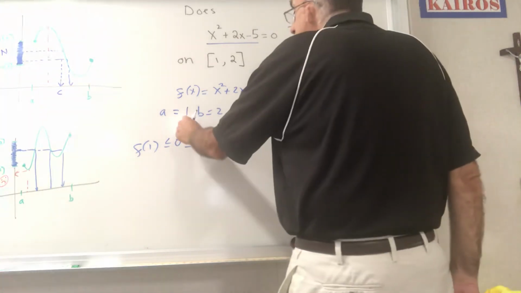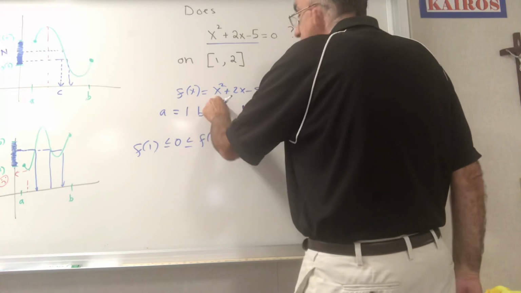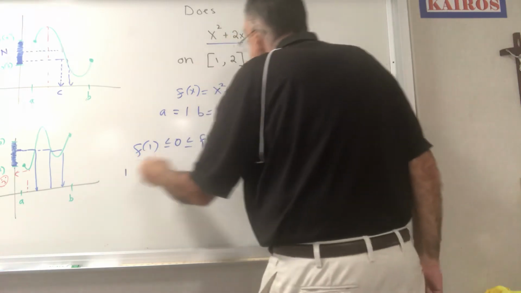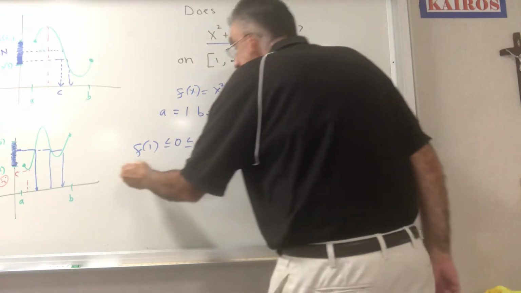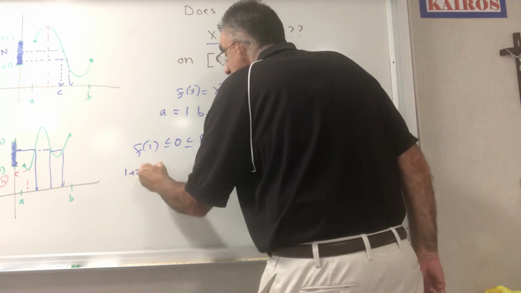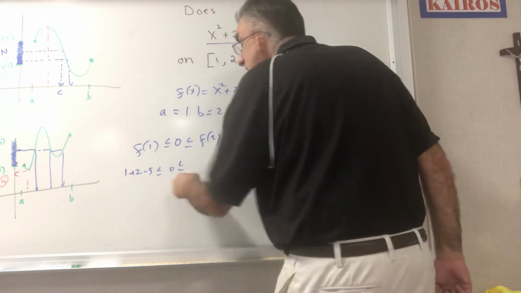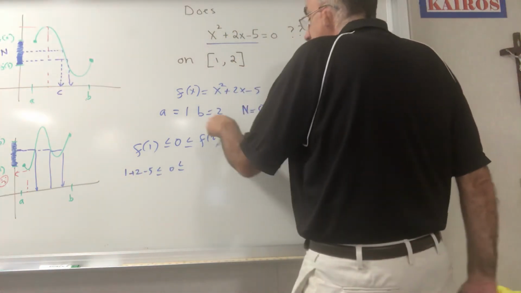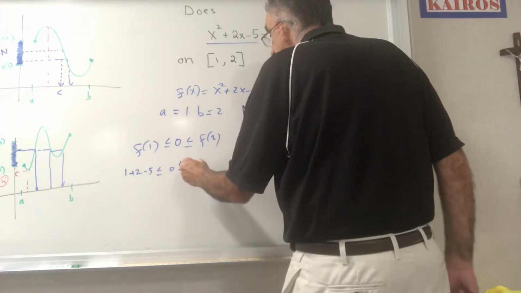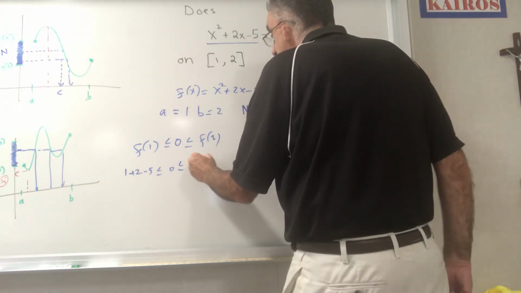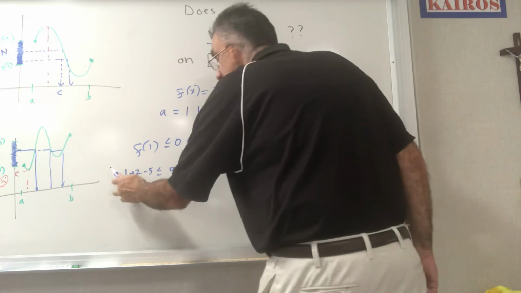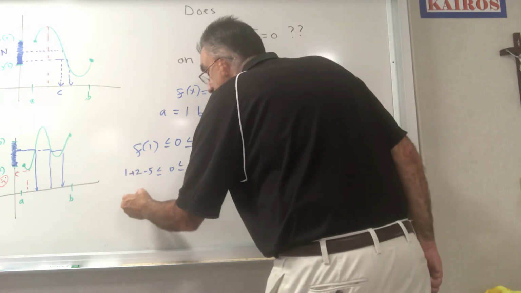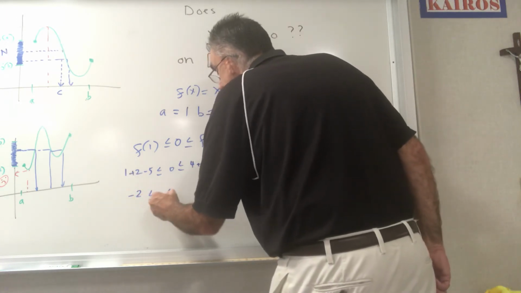So notice when I put 1 into this function, 1 squared is 1 plus 2 minus 5. I'm just checking to see that this is true, okay? And I put 2 and I get 4 plus 4 minus 5. So I get negative 2, yes.